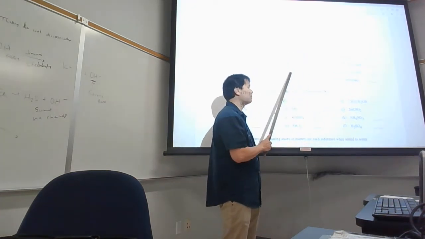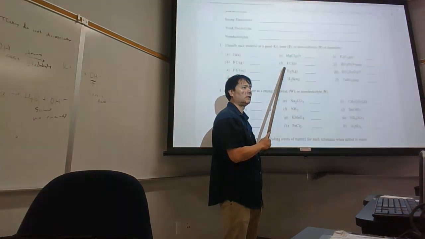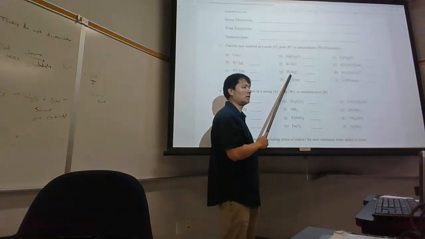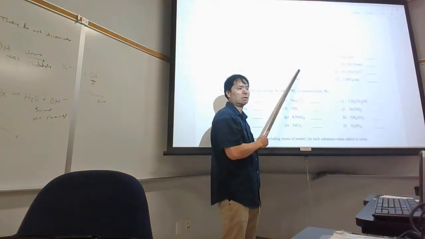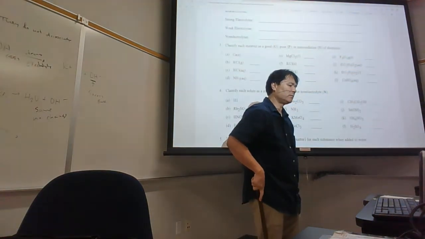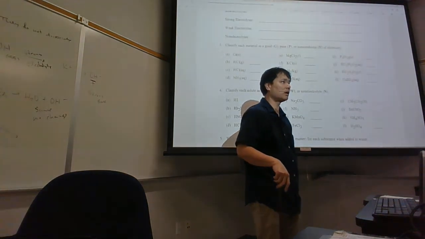Is this a binary molecular compound? Yes. It just consists of hydrogen, the element, and sulfur, the element. So if we have a binary molecular compound, we should use the rules for naming binary molecular compounds.